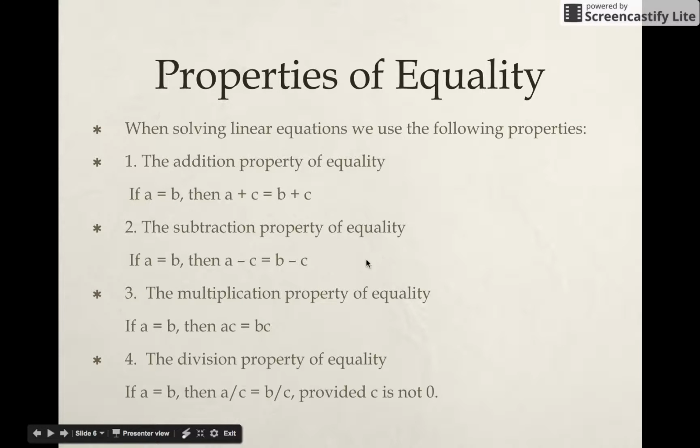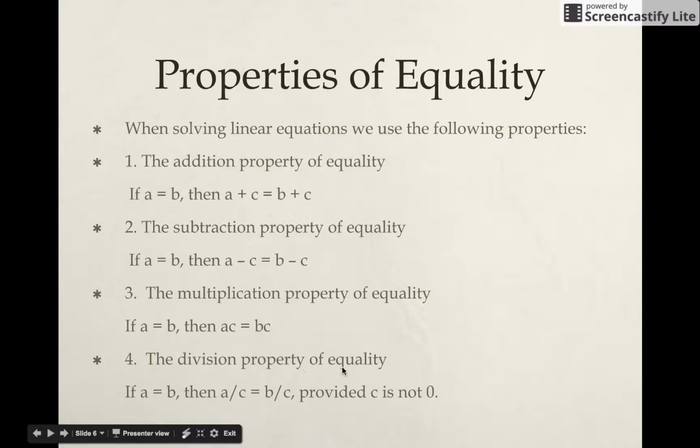It says if you have a statement of equality like a equals b, then you can subtract the same quantity from both a and b, and you'll still have a statement of equality. The multiplication property of equality states if you have a statement of equality a equals b, and you multiply both a and b by the same quantity, then you still have a statement of equality.